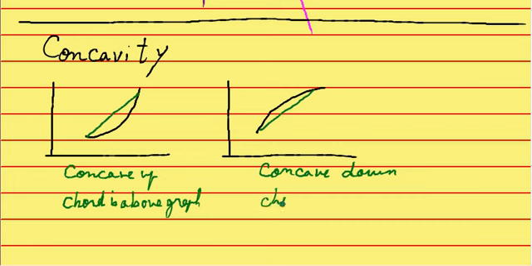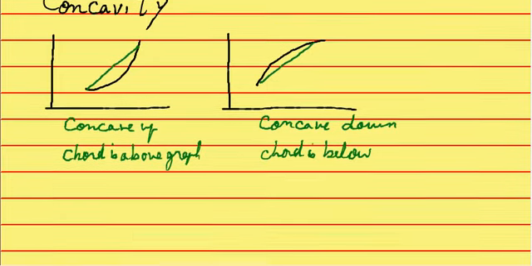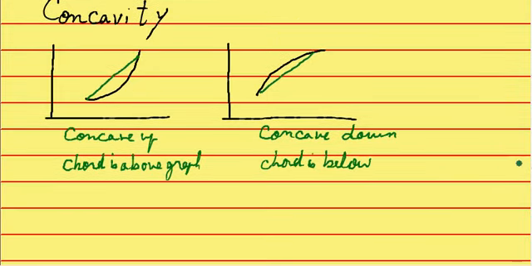Here each chord is below the graph. That's one way to tell. But again, you have to have the graph and chord drawn to know that. If the graph isn't there, this is not going to help us. But it helps us to understand what the concavity is.